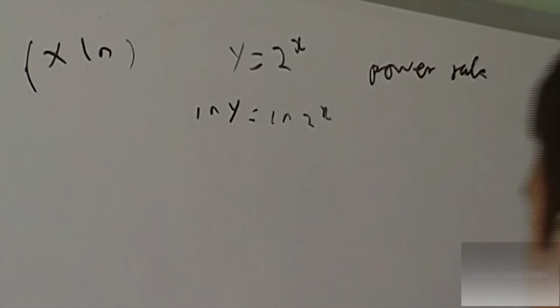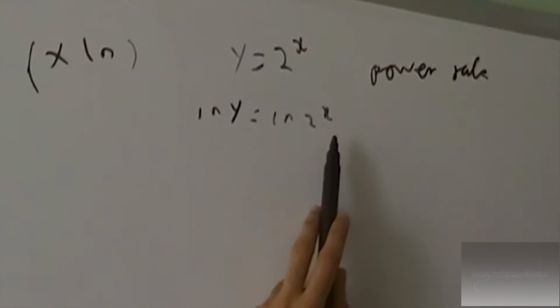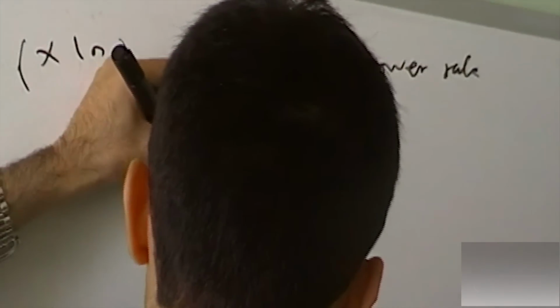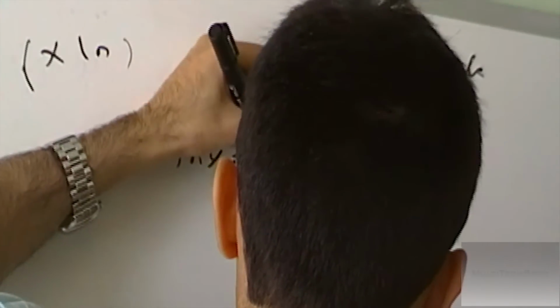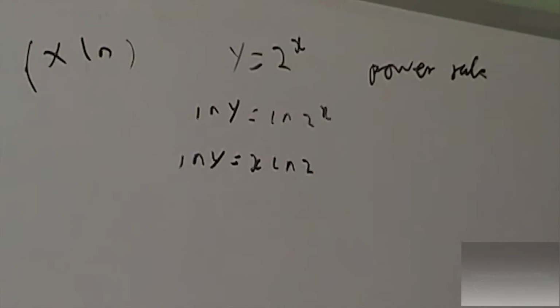Then what we do is take the exponent on this side, which is still 2 to the power of x, and bring it down. So we end up with ln y is equal to x ln 2. ln y is equal to x ln 2.